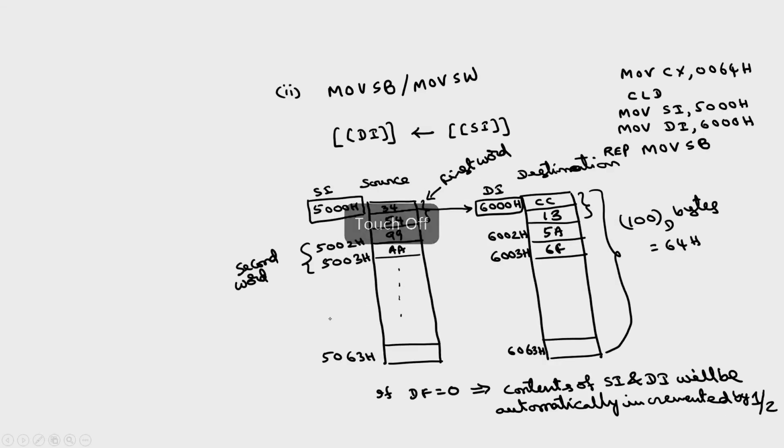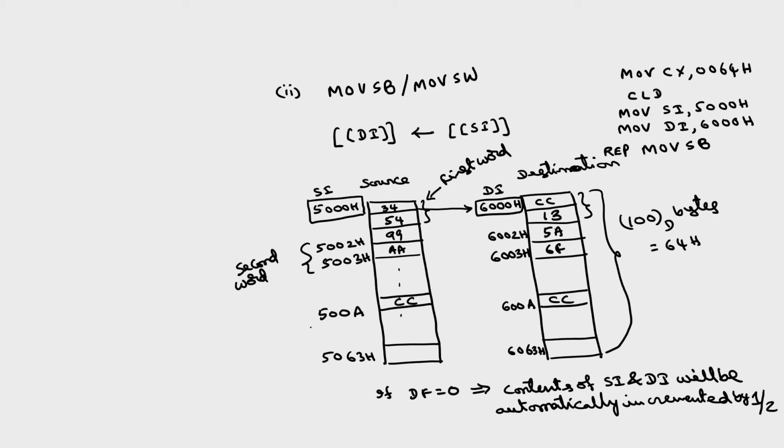If I take the same example, suppose somewhere you have the data, this is 5000 A, this is 6000 A. If this has CC and this also has CC, then in this case the operation will be stopped when these two are equal.